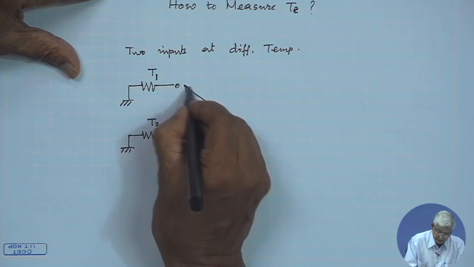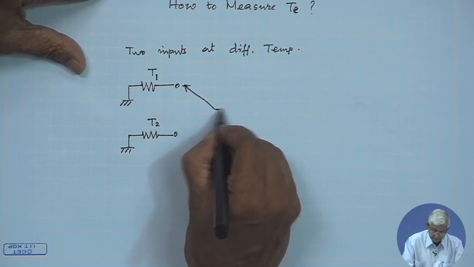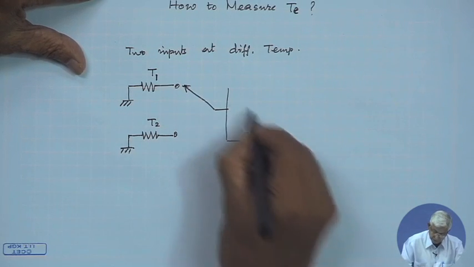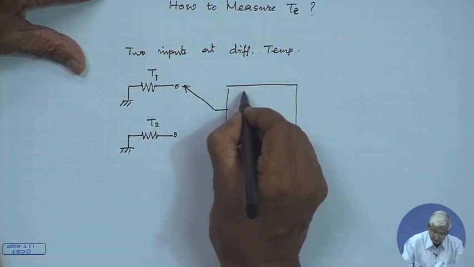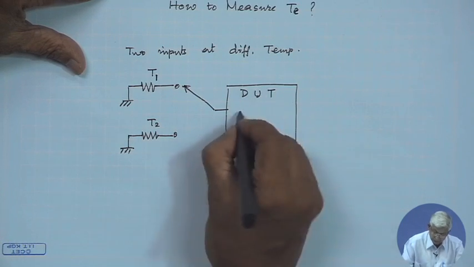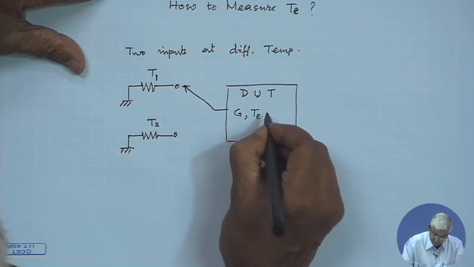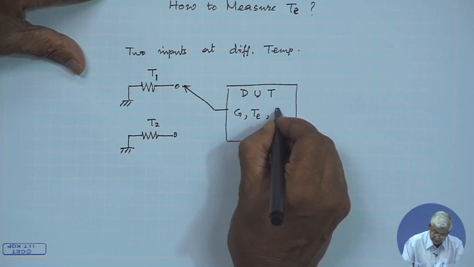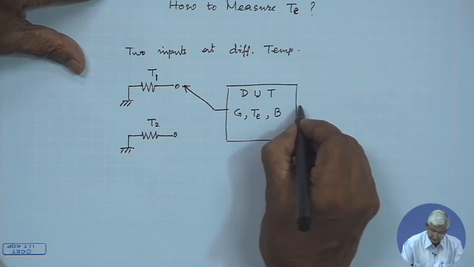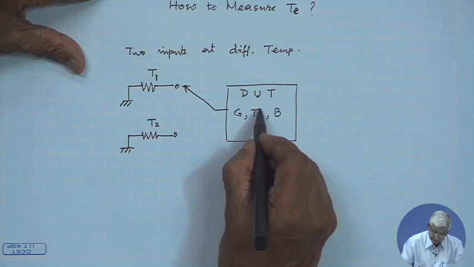These devices are different temperature sources or noise sources, and then we put the device under test, which has a gain, which has an effective noise temperature, which has a bandwidth, and then there is an input noise power coming.